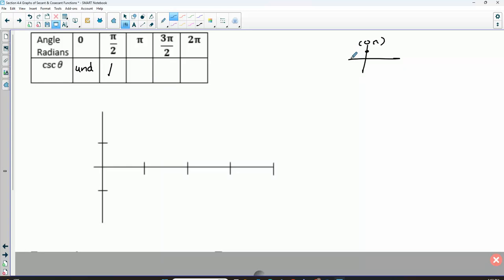Okay, at pi, what's the sine of pi? 0, so cosecant would be undefined. All right, 3 pi over 2. Sine of 3 pi over 2 is -1, so cosecant is -1. 2 pi, you're back to the beginning. Sine is 0, so cosecant is undefined.